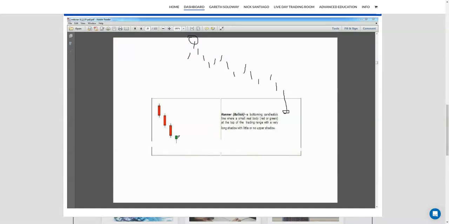This time, though, you got the reverse of this. Inverted hammer. Bullish or bearish? Secondary factor right there. You got a secondary factor there, but the candle now is not a hammer. It's an inverted hammer. The answer is it's bullish.